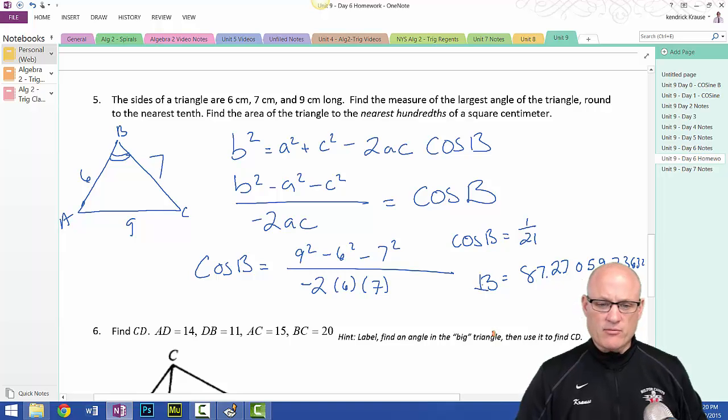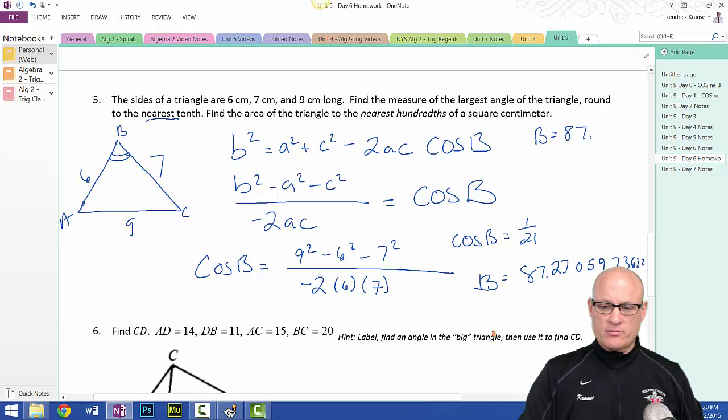Let's see what they tell me to round this to. Round to the nearest tenths. All right, so B equals 87.3.